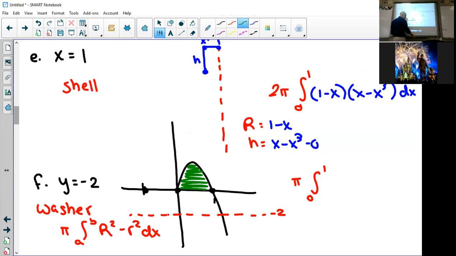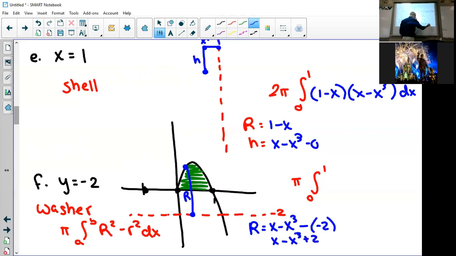So big R, start on the axis, all the way up through the shading. That's going to be your big R. So big R here is top minus bottom. The top is your x minus x cubed minus the bottom. The bottom is actually -2. And so we can simplify that to x minus x cubed plus 2.